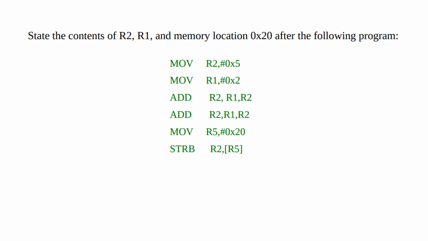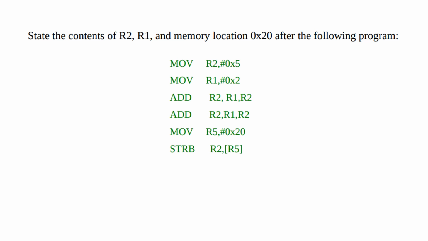Then MOV R5, #0x20. Yes, so 0x20 will enter into R5. Then you write STRB. STRB is short for store byte. It will store one byte from R2 to the address pointed to by R5. Now in R5 there is 0x20. 0x20 is a memory location in the main memory.